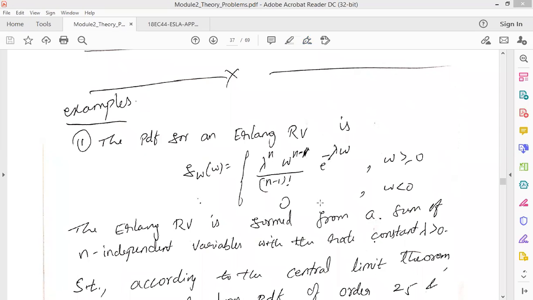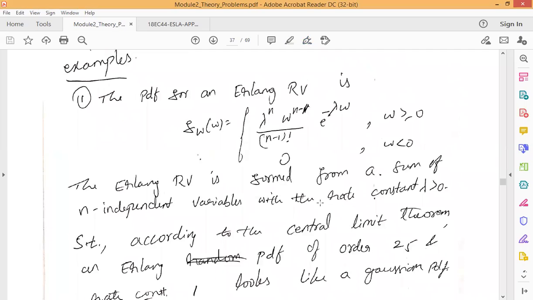This Erlang random variable is formed from a sum of n independent random variables with rate constant lambda greater than 0.